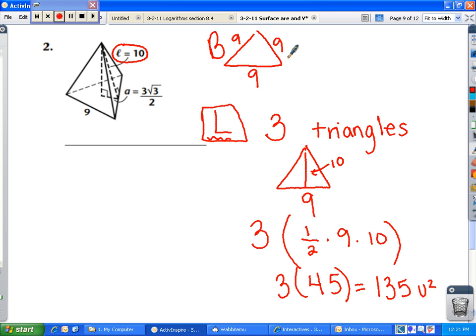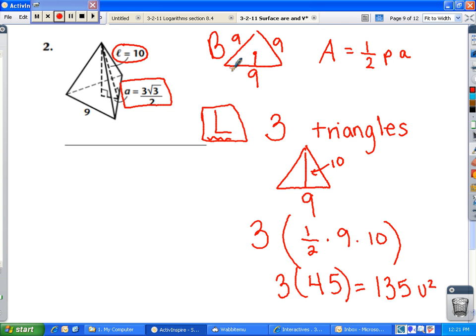Now I have to calculate the area of my base. Now my base, if you notice, they give me an A. And if you remember back from our last unit, A stands for the apothem. Okay? And in order to find the area of a regular polygon, my formula is half the perimeter times the apothem.